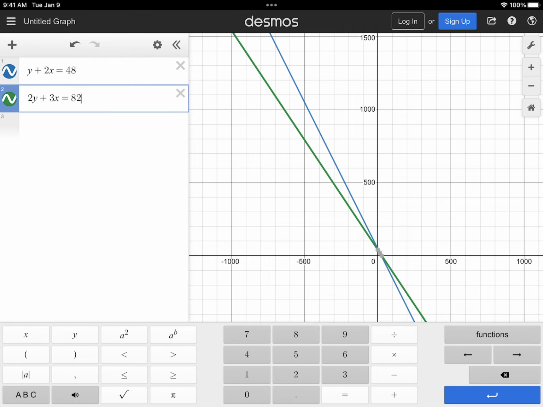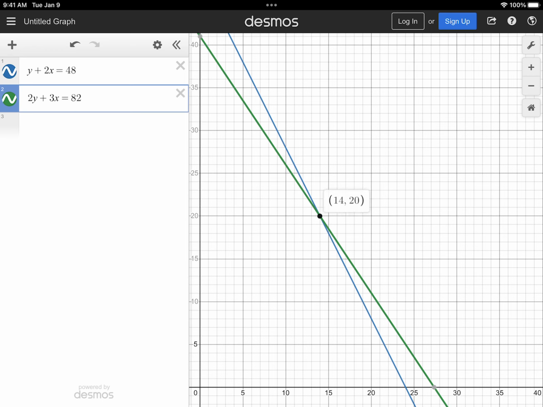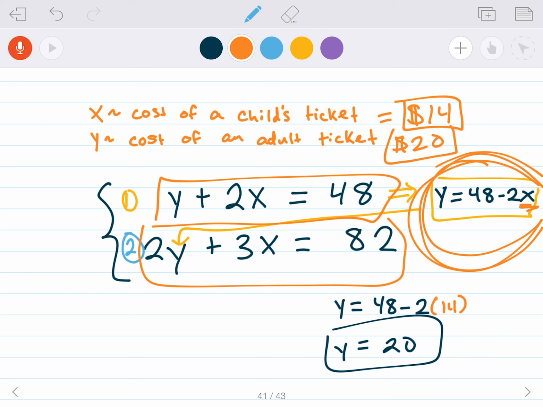Okay. And then we can zoom in and see their intersection. So as we can see, x, which we said was the children's ticket, costs $14, and y, which is the adult ticket, costs $20. So that's probably the simplest way to do that problem if you're not given specific instructions on how to solve it.